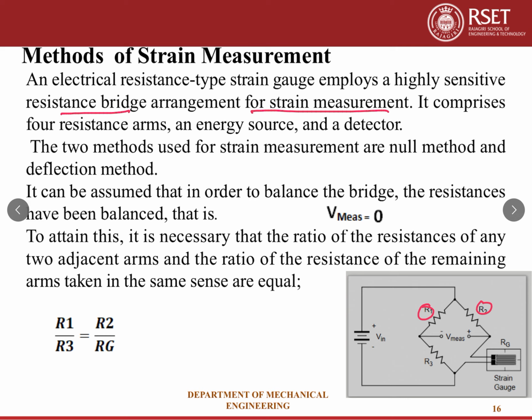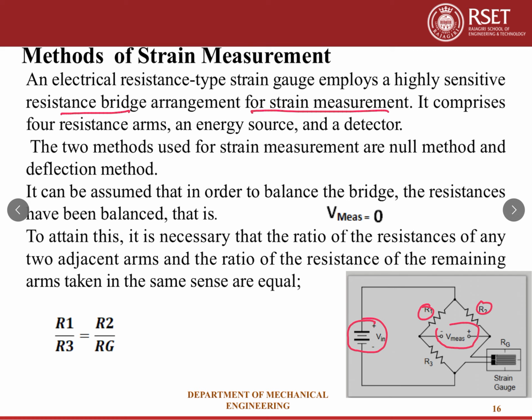Rg is the strain gauge resistance. So this forms a Wheatstone bridge. And the Wheatstone bridge has two more parts: an input voltage, and to measure the output, we can see here the output measurement. For that we have a galvanometer or voltmeter.